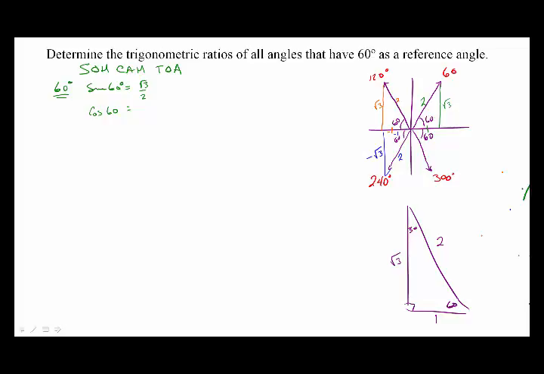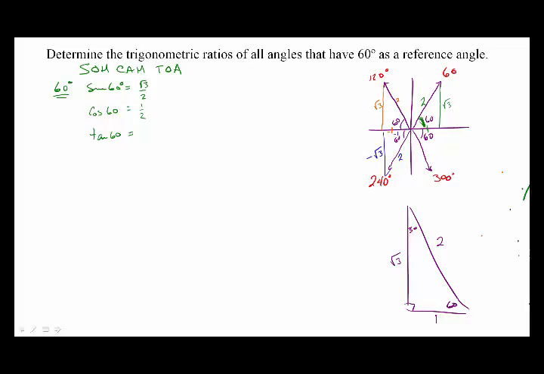Adjacent over hypotenuse. We're in the green triangle. Here's the angle. What's the adjacent? One. And what's hypotenuse? Tan 60.